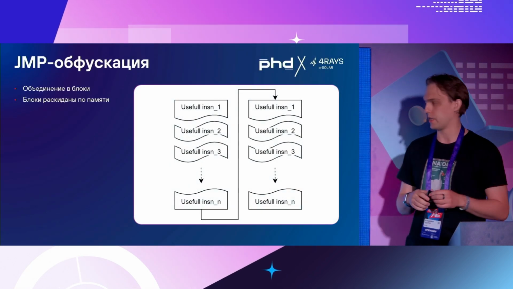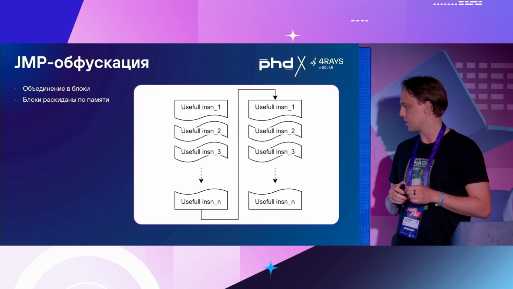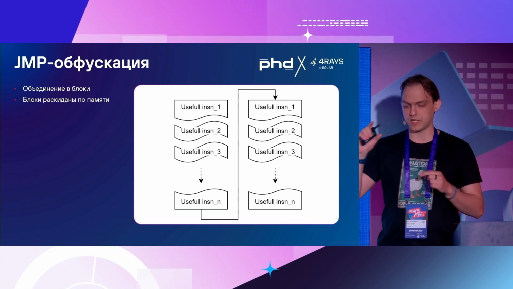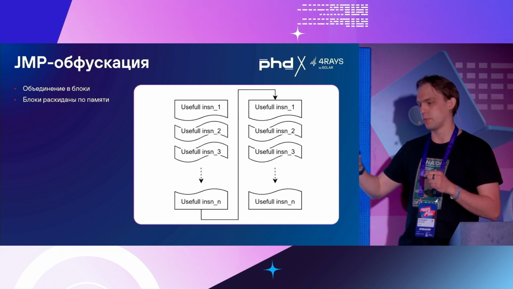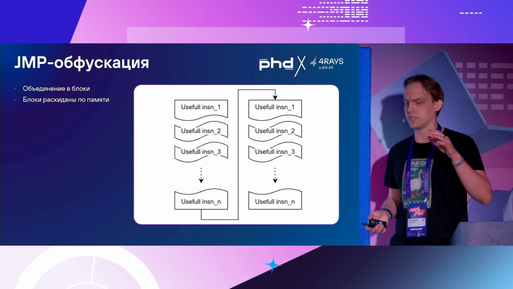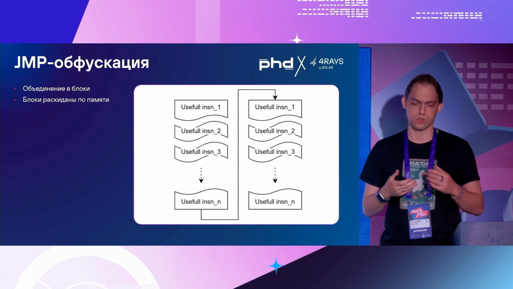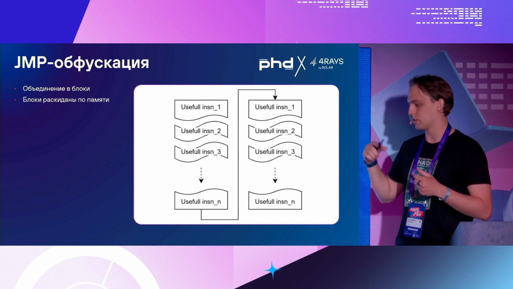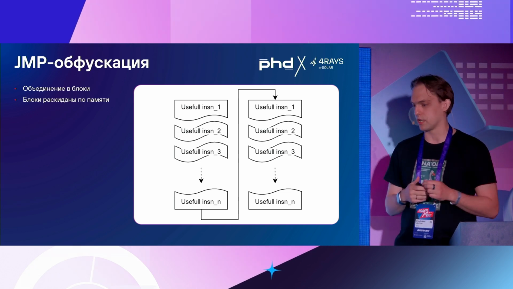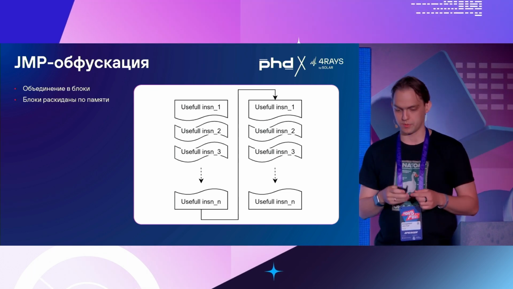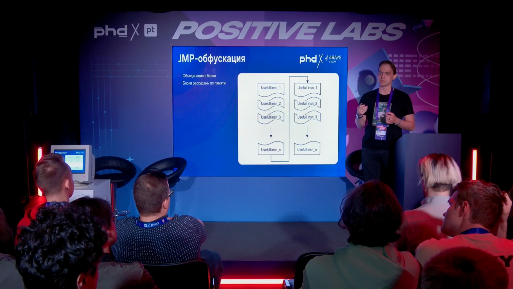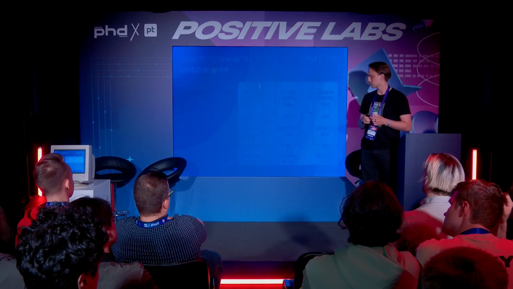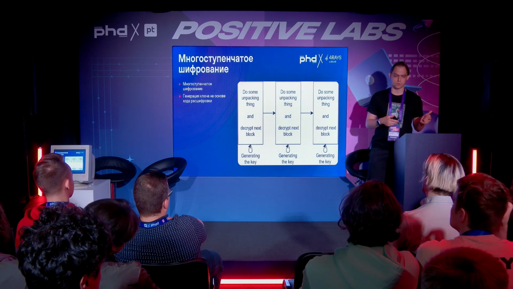And if we look broadly at that situation, you will see that pattern: useful instructions and a jump with some sporadic 3 bytes, divided into basic blocks. So the instructions which were in the original software are divided just this way. And it seemed to me that they are spread across random spaces in memory.